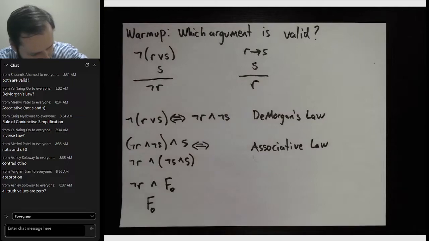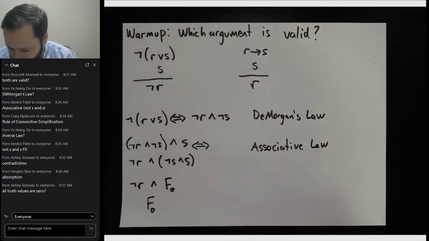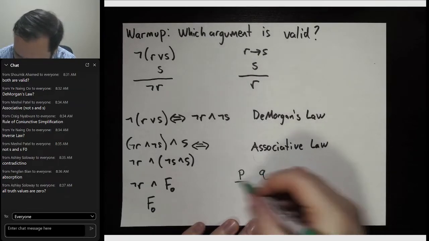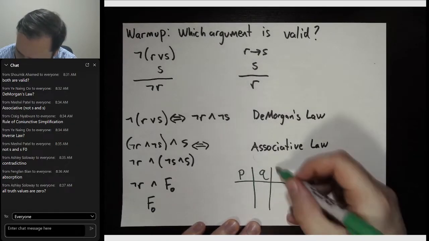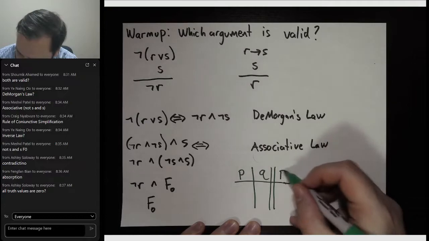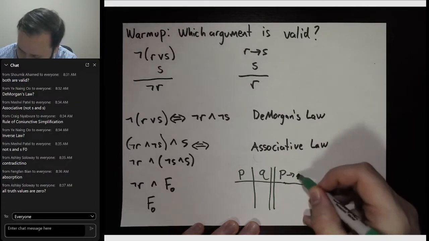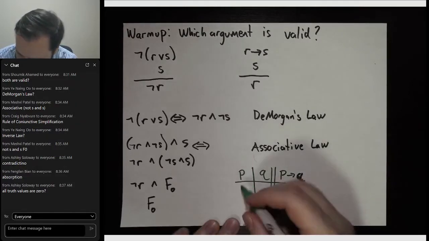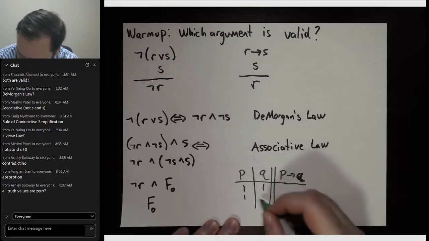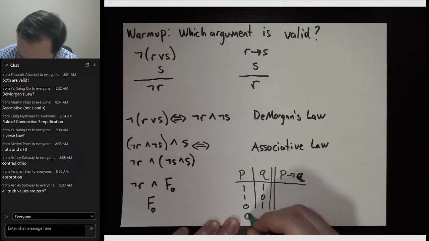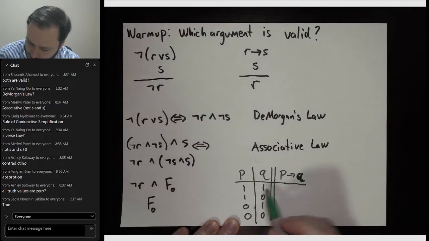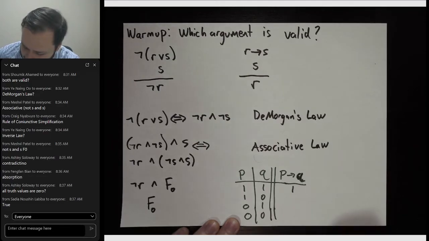Now think carefully about, if we go back to our P, Q, and P implies Q truth table. If I have 1, 1, 1, 0, 0, 1, 0, 0, P implies Q. If they're both true, that's good.